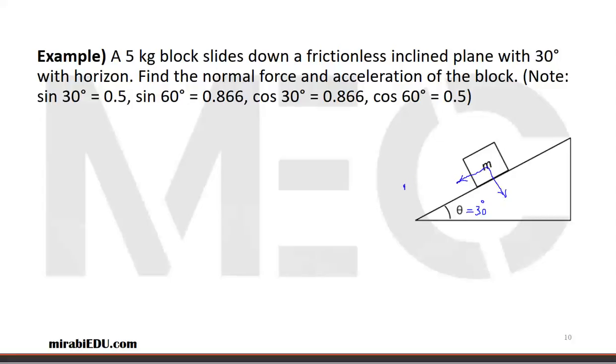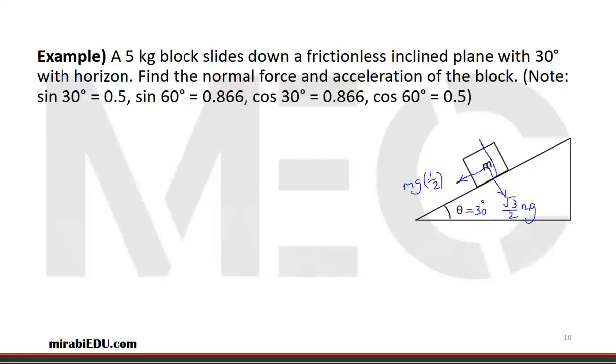So mg sine of theta is half, so mg times half, and this is mg times cosine of theta, which is radical 3 over 2 mg. So the weight force is decomposed into these two forces.